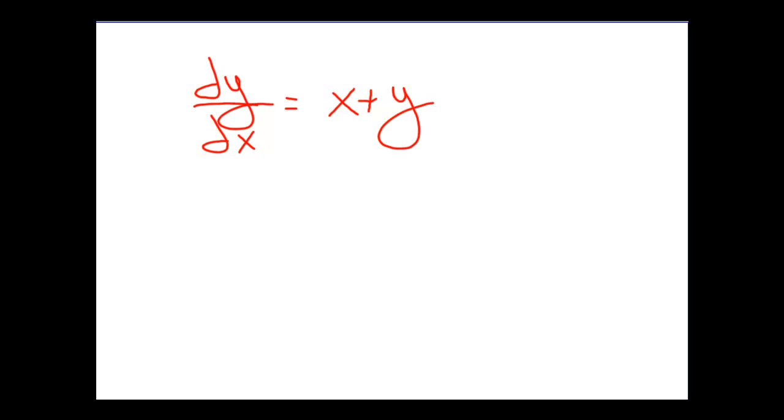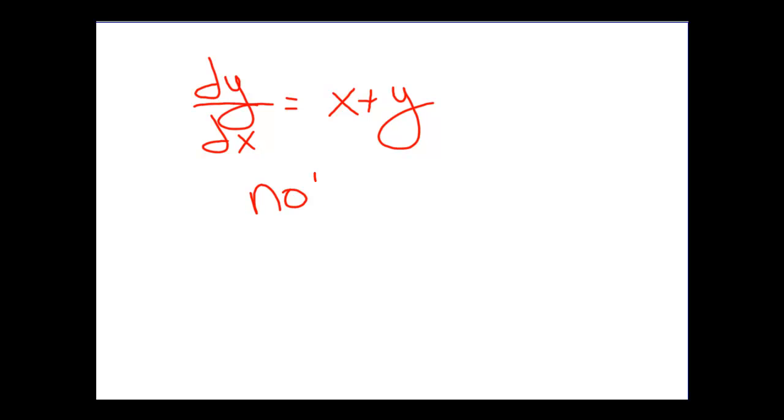What about this equation? The derivative of y is equal to x plus y. Is this a separable equation? Can we separate this out into a function dependent only on x and a function only dependent on y, the product of those two things? We actually can't.